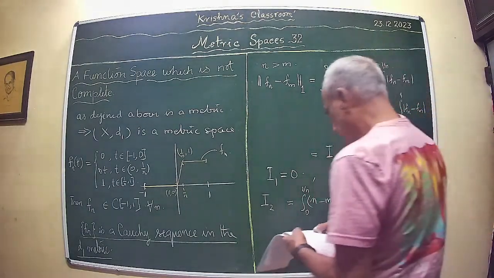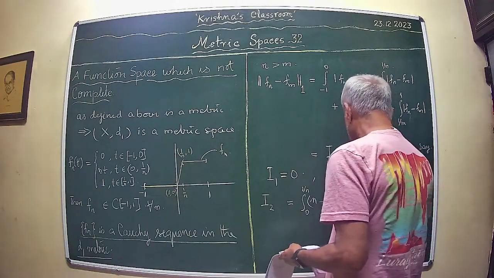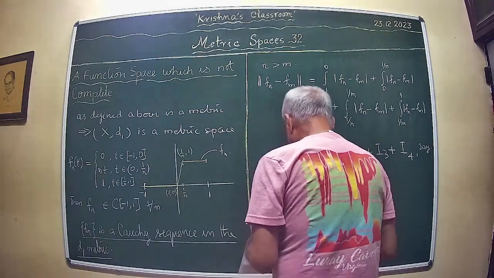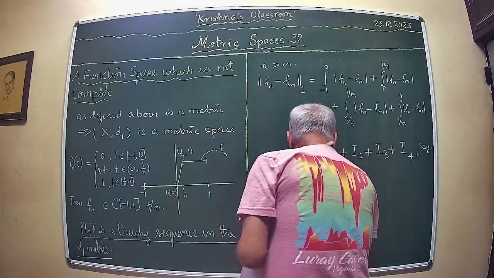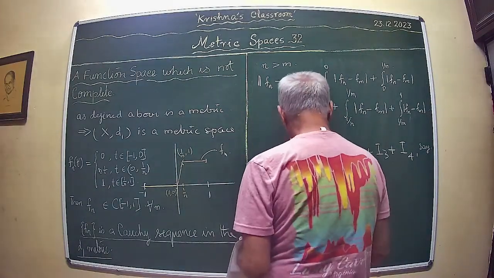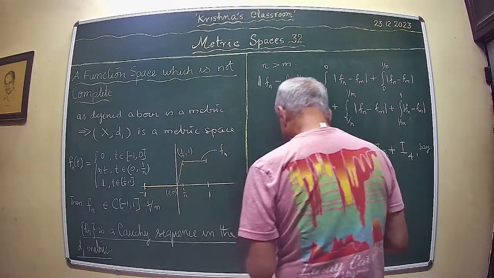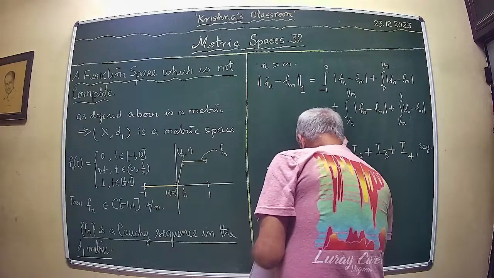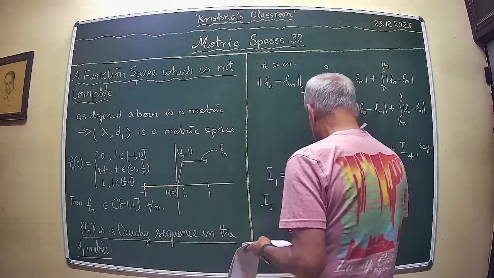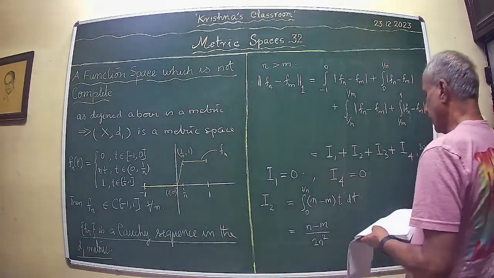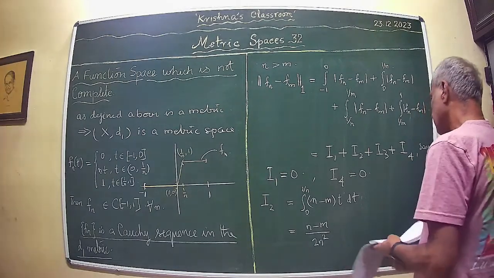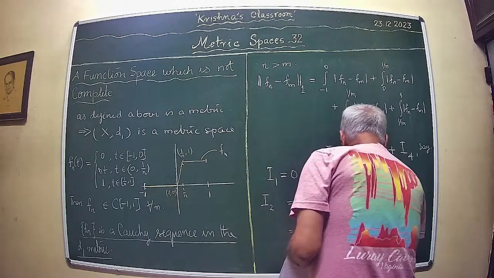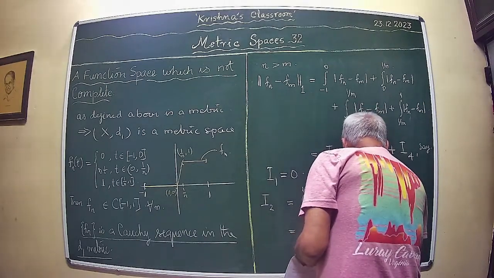Now we can calculate this, it is equal to n minus m divided by 2n square, and this is bounded by n divided by n square.